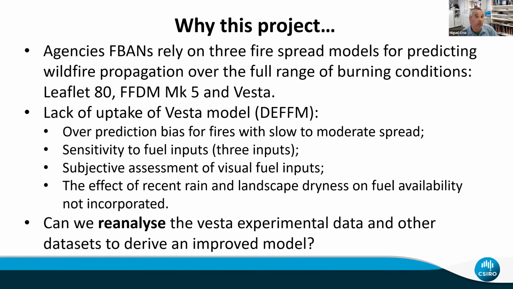Going to the Vesta model in particular, what we observed is that there's been a lack of uptake of the Vesta model since it was developed. There are some reasons for that.